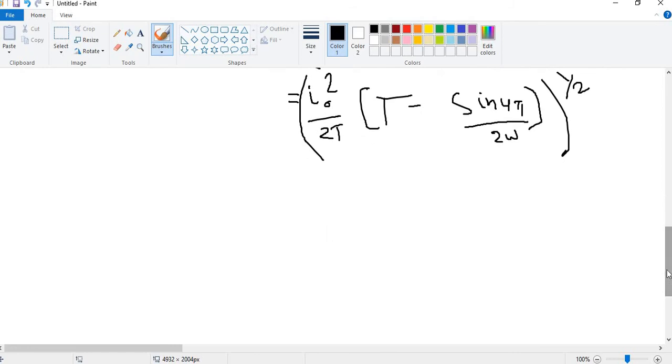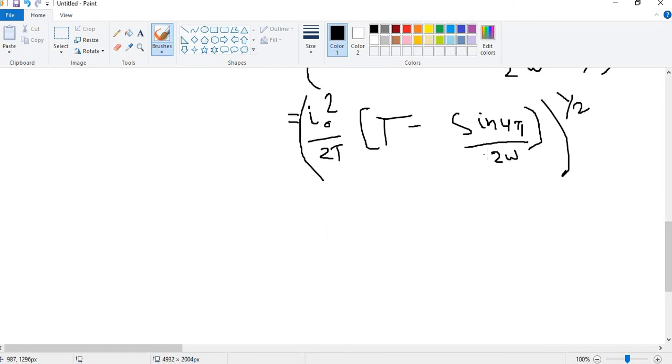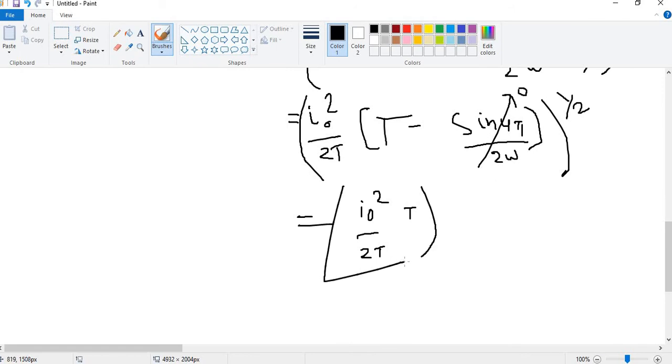Now here, as we already know, sine n pi is equal to 0, so this term will get 0. So we are going to neglect this term. So now which terms are we left with? It will be I naught square by 2t into t, and this term will get 0, and we have a power of 1 by 2.